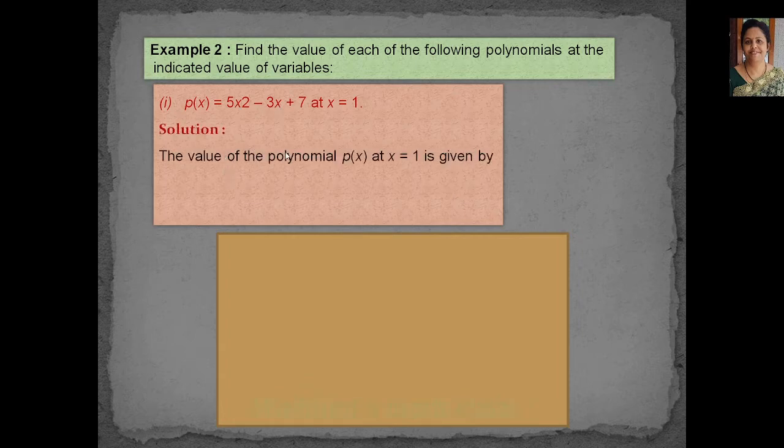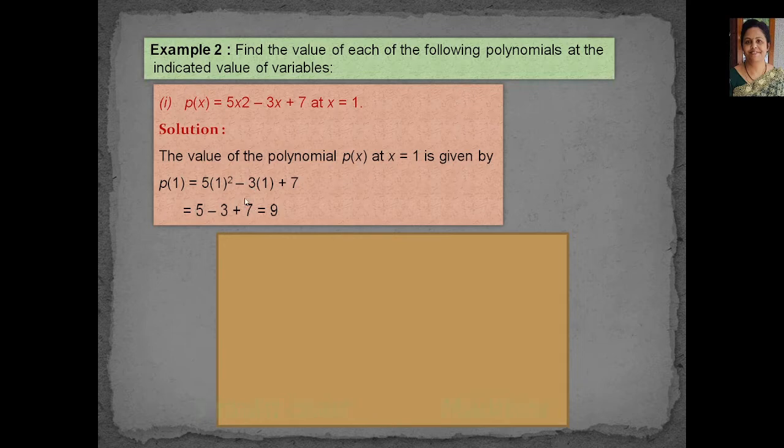We will get the value of the polynomial p(x) at x is equal to 1 is given by p(1) is equal to 5 into 1 squared minus 3 into 1 plus 7. 5 into 1 squared means 5, minus 3 into 1 is minus 3, plus 7. So 5 minus 3 plus 7.